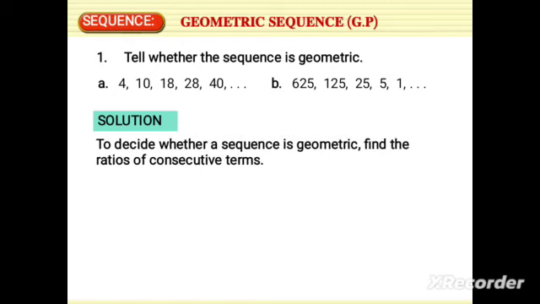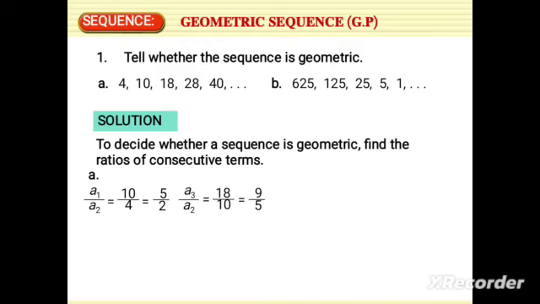So to decide whether a sequence is geometric, find the ratio of consecutive terms. We have 10 over 4, that will give us 5 over 2 upon simplification. Then another one is 18 over 10, that is 9 over 5. So we cannot even continue because the ratio is not the same, it is not constant.